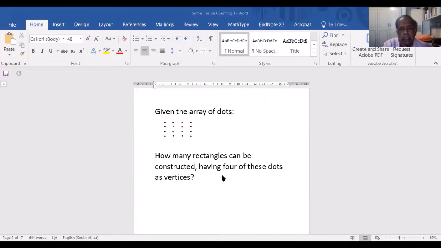How many rectangles can be constructed having 4 of these dots as vertices? Okay, now that's an interesting problem. You could have several rectangles that can be drawn using 4 of those vertices. Maybe I should say that the sides of the rectangles are horizontal or vertical. Okay, so can we just assume that that is the case?